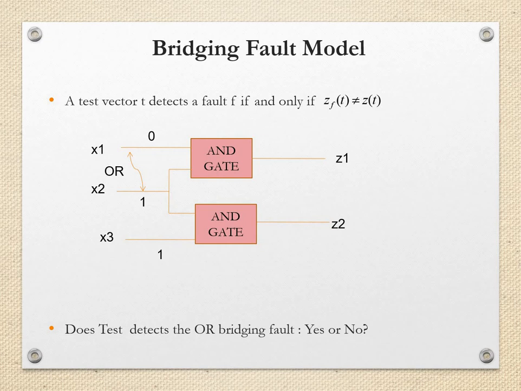So in this case, the ORing type of bridge is formed between x1 and x2. So we should apply the set of inputs which will give the output Z which is different with fault and without fault. So you have to check whether this test vector can detect the OR bridging fault or not.